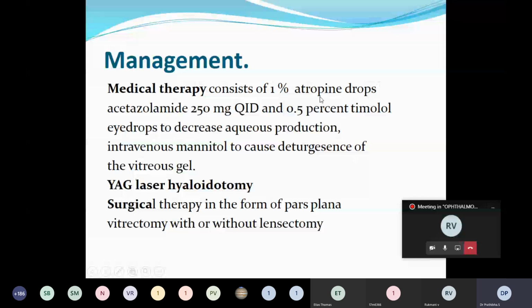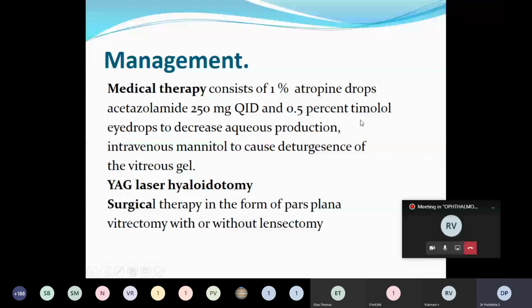So never utter atropine in the treatment of glaucoma in any other case. Here we use atropine drops just to push the iris lens diaphragm back. Then acetazolamide orally 250 milligrams QID is given, and 0.5% timolol eye drops, a beta blocker, to reduce aqueous production.